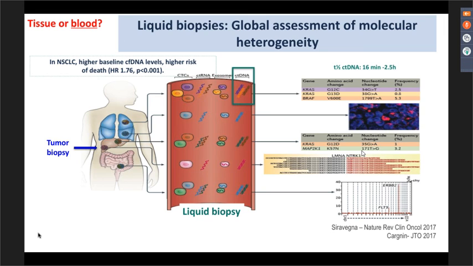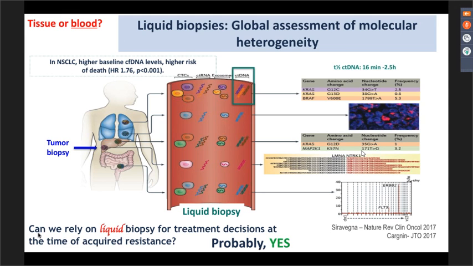And particularly in my case, in the study of resistance mechanisms, circulating tumor DNA has a lot of advantages and utility, especially in non-small cell lung cancer. And the question here is, can we rely on liquid biopsy for treatment decisions at the time of acquired resistance? And in this sentence, my answer is that probably yes, we can rely on liquid biopsy.